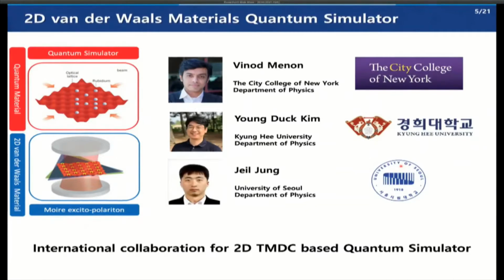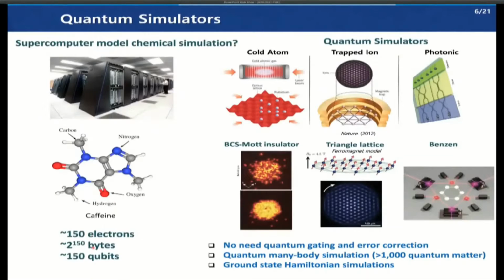Several quantum simulator platforms have already been developed. Examples are cold atoms with optical lattice, trapped ions, and photonic circuits. A quantum simulator should be developed first, before the realization of a universal quantum computing system, because a quantum simulator doesn't need quantum gating and error correction.